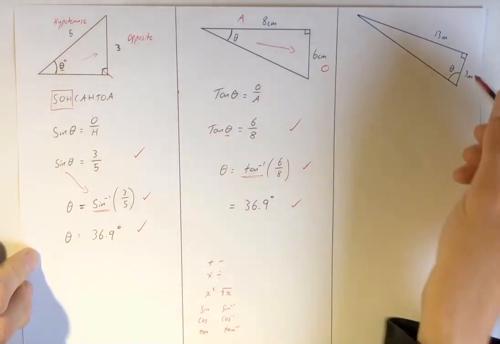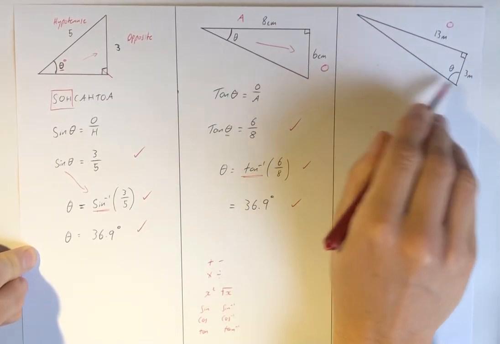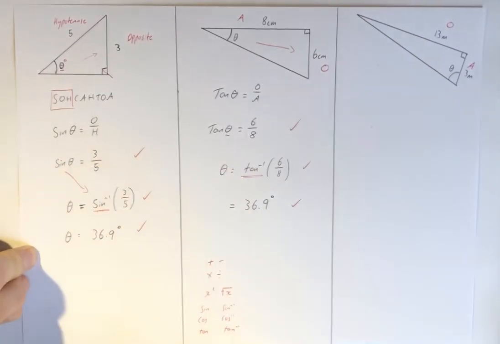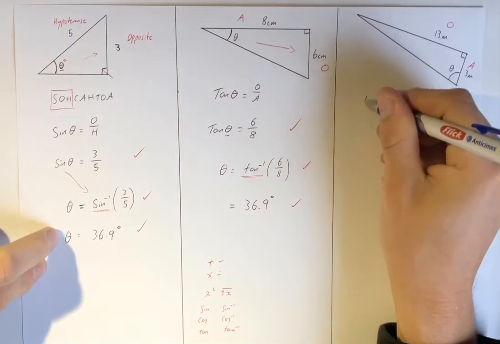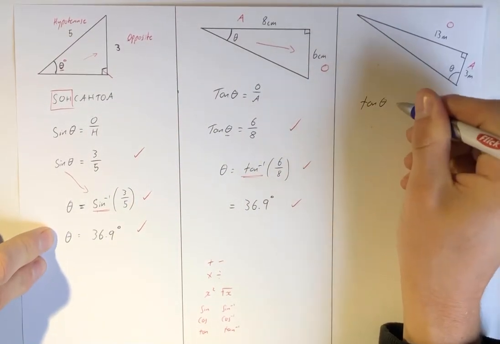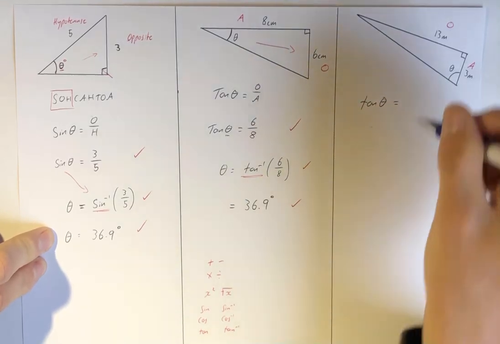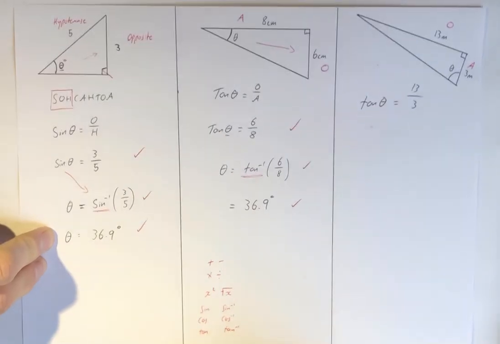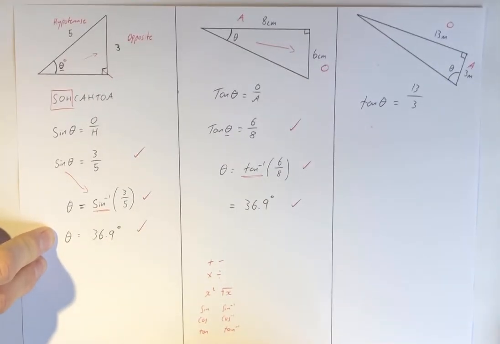So let's label this one up. I have O, and here's my hypotenuse, and this is my adjacent. So again, it's tan, isn't it? So we can write out our relationship. Tan theta, if I decimalize that angle with tan, that's the same as 13 over 3, the opposite over adjacent.